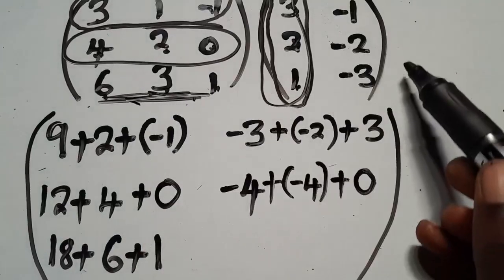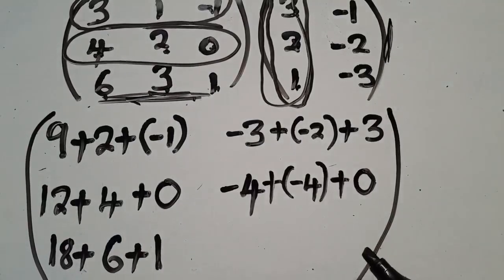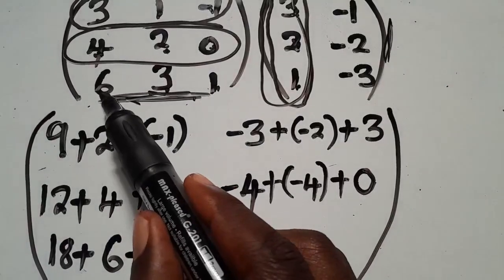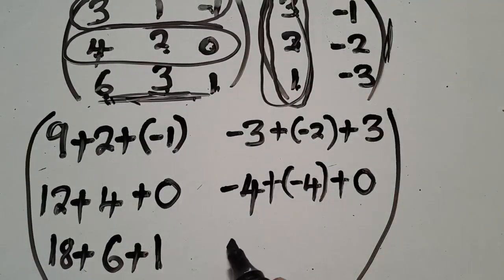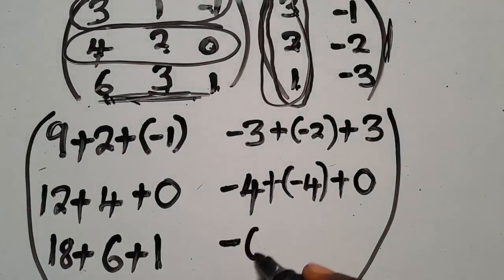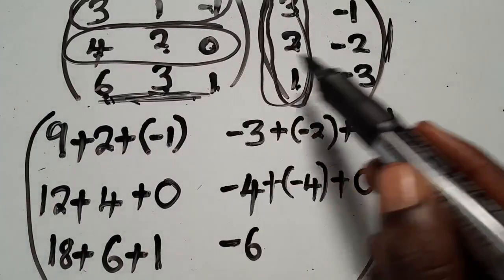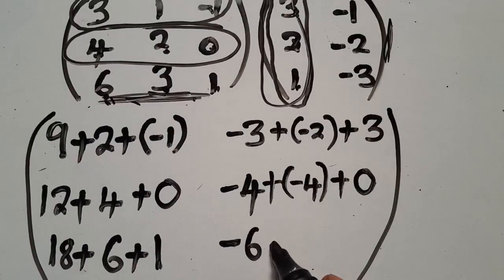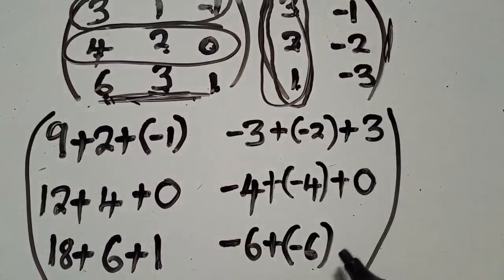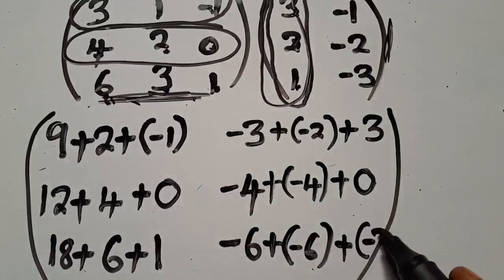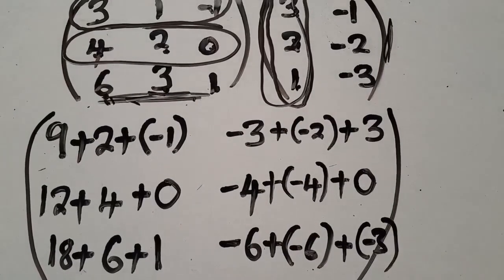This same one against the last one. 6 times negative 1, negative 6. 3 times negative 2, so plus negative 6. 1 times negative 3, negative 3, so plus negative 3.